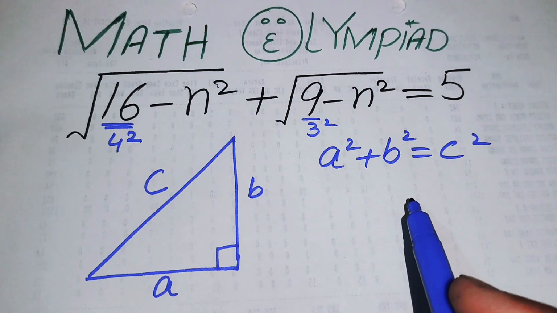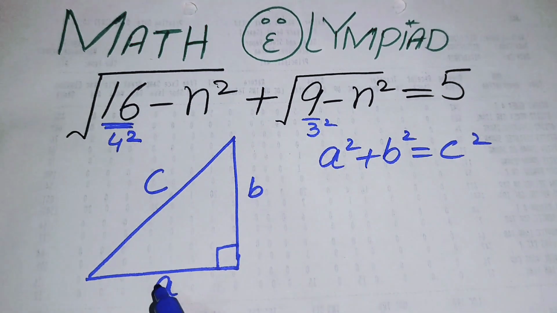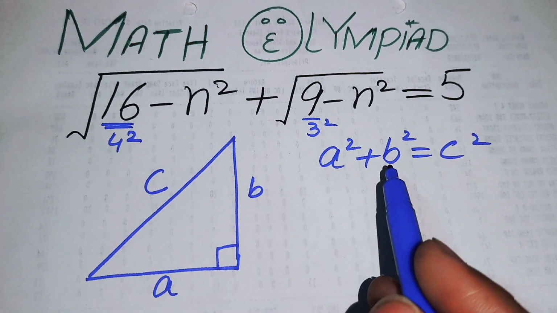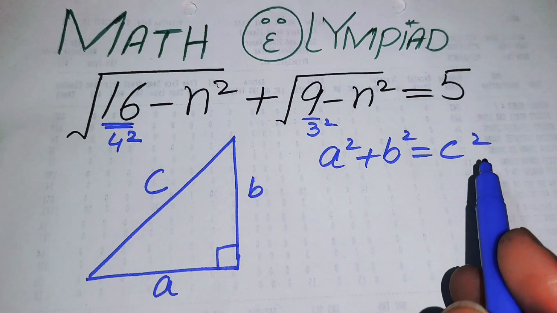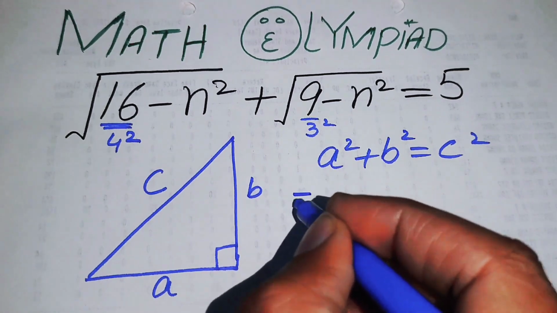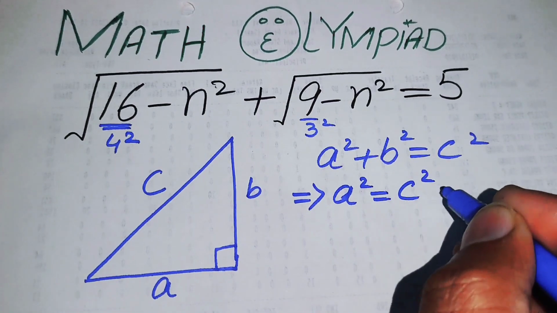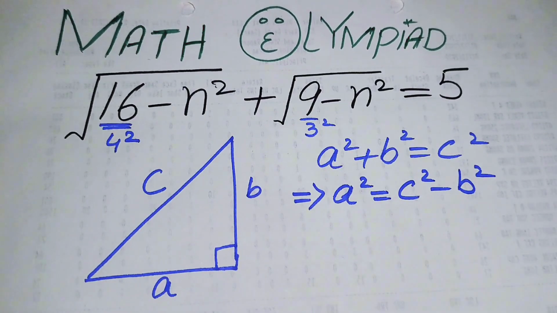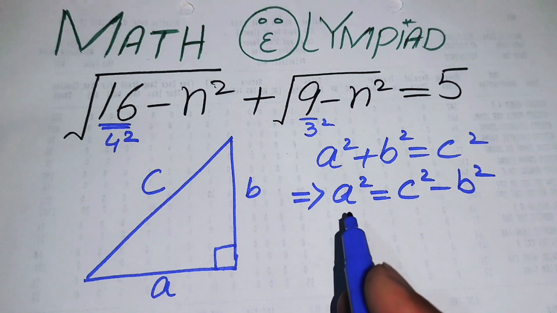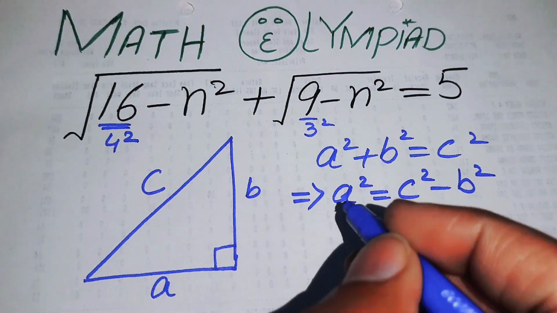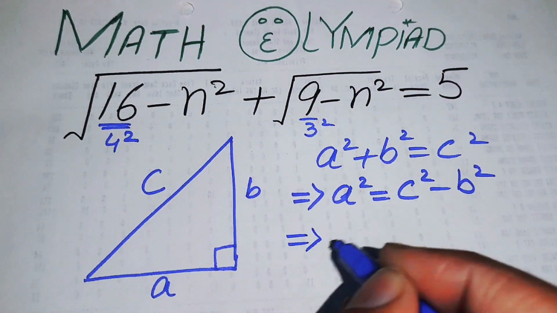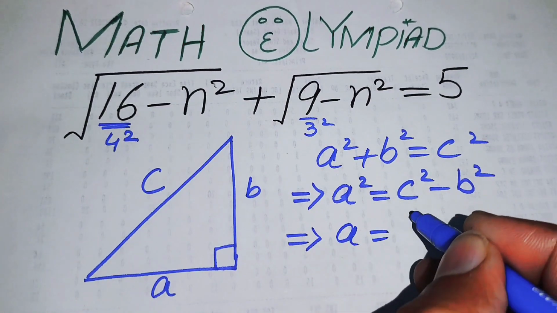In the next step we make a little bit of simplification: we move this b square to the right hand side, and we write it as a square equals c square minus b square.